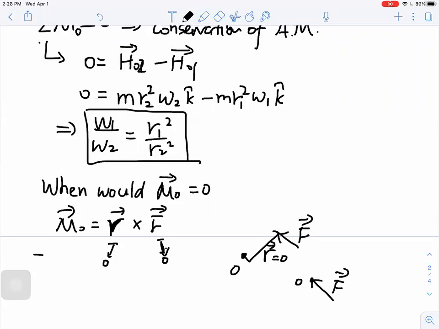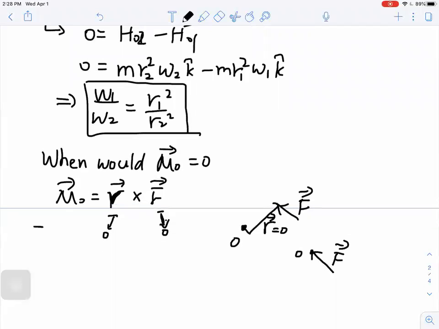We call that type of force a central force.